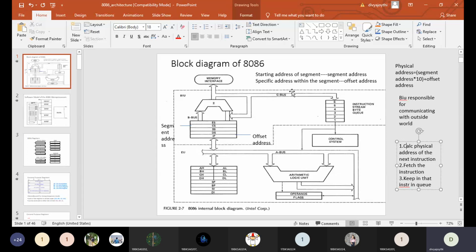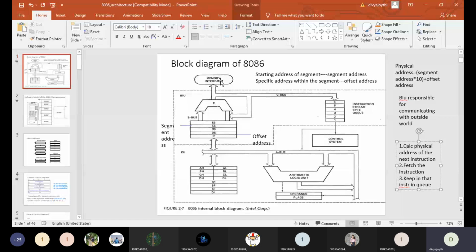Now the BIU knows the physical address of the next instruction. You can see the outgoing arrow from this summer: after calculating the physical address, it goes into the memory. Why? Because the BIU now knows where to go.